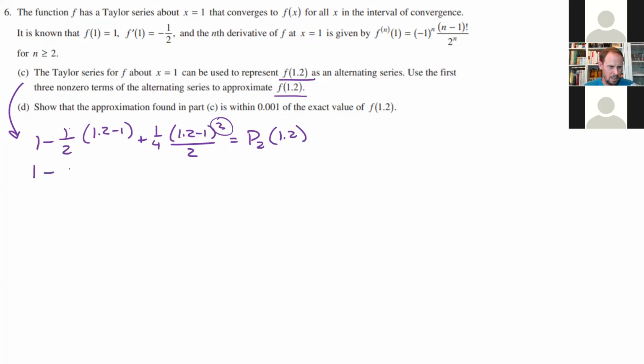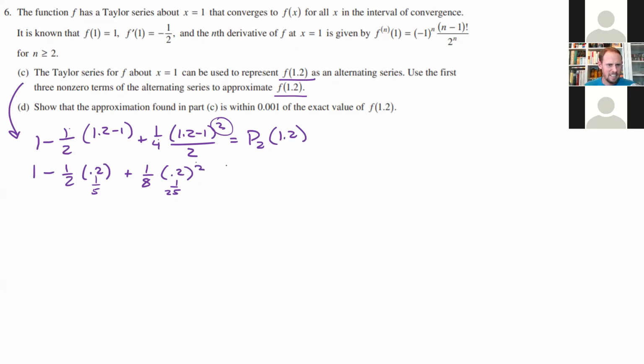So this is 1 minus 1/2 of 0.2 plus, it's going to be 1/8 of 0.2 cubed. I hope this was a calculator one. I don't feel like working that out. Is that 1/5? This is going to be 1/25 squared. You're right. I saw that and I thought 3, but yeah, it was squared.